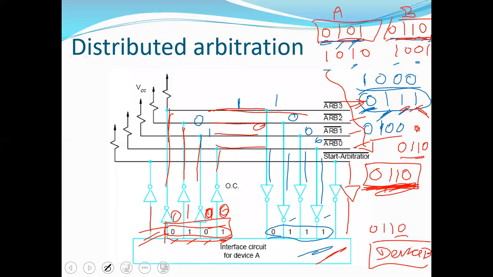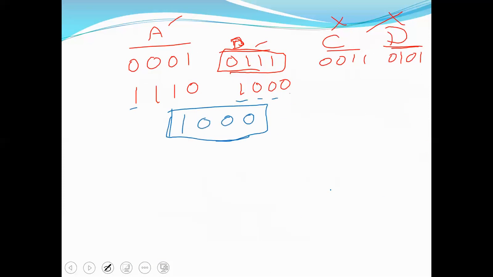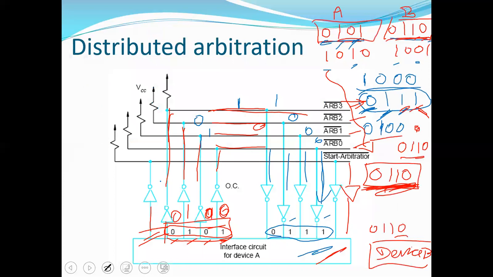This is the value in the arbitration line. From the arbitration line, it comes to the NOT gate and then to the device. So the value which comes to the device is 0111 and 0111. You can see that at this stage both the devices are opting for 0111. It will not change, and you can repeat it. The value you have got at the device is 0111.